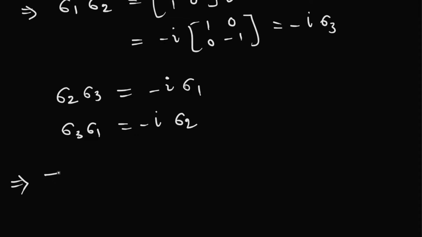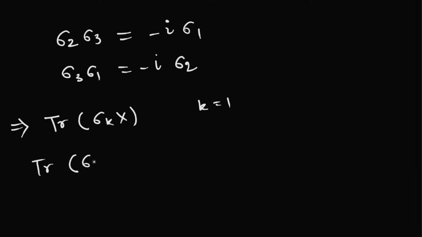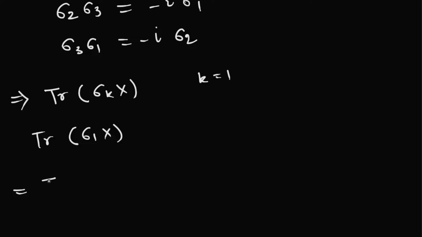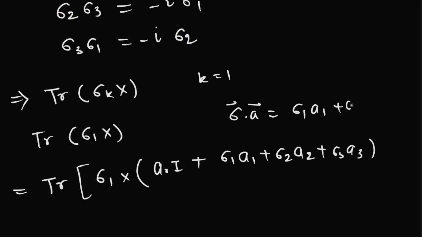Now let us see what is the trace of sigma k times X. First, if k equals 1, then trace of sigma 1 X is equal to trace of sigma 1 times a0 times identity operator plus sigma 1 a1 plus sigma 2 a2 plus sigma 3 a3, since sigma dot a is equal to sigma 1 a1 plus sigma 2 a2 plus sigma 3 a3.